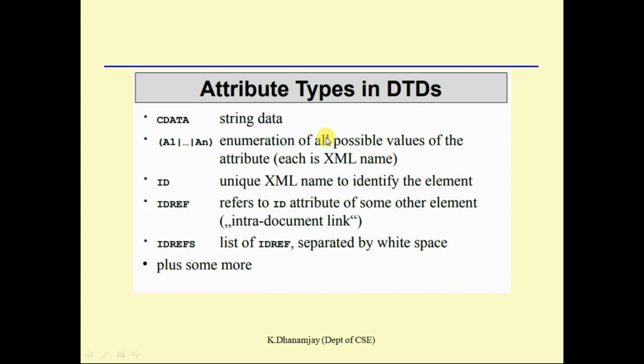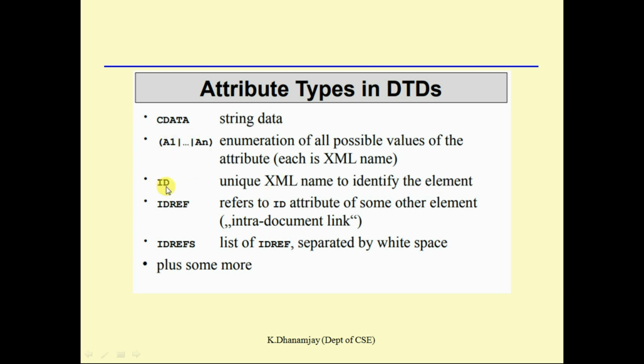Here we have to specify the different types: CDATA, an enumeration separated by the pipe symbol, ID, IDREF or IDREFS. With CDATA you can pass string data, or if you want to enumerate all possible values for an attribute, you can use the pipe symbol. You can use ID for a unique XML name to identify the element.